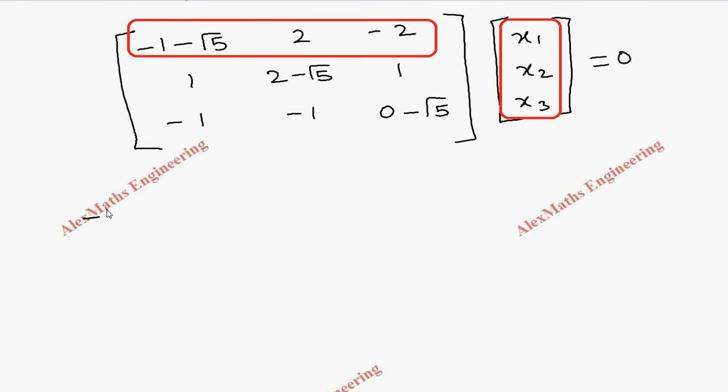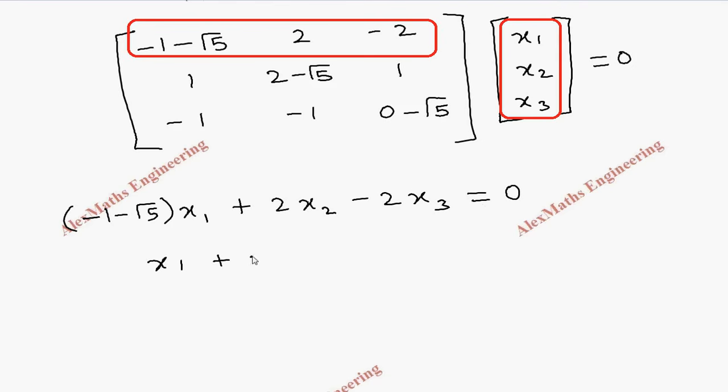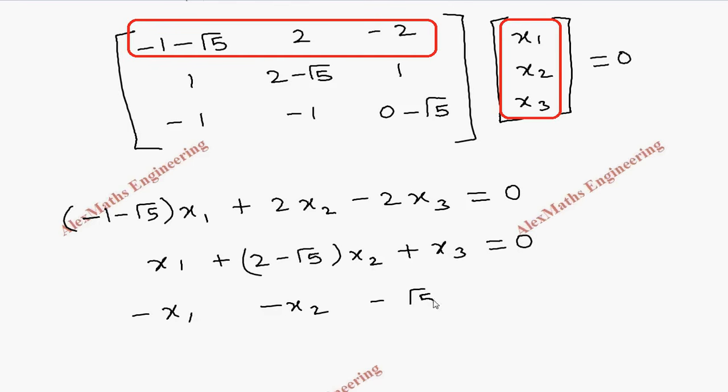So we get minus 1 minus root 5 into x1 plus 2x2 minus 2x3 equal to 0. Then the second row: x1 plus 2 minus root 5 into x2 plus x3 equal to 0, and the third row: minus x1 minus x2 minus root 5 x3 equal to 0.